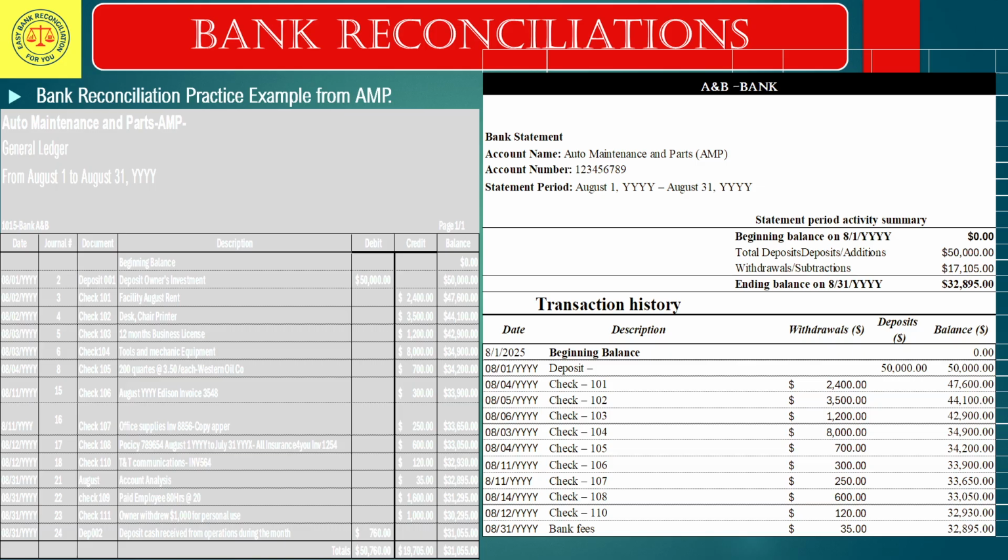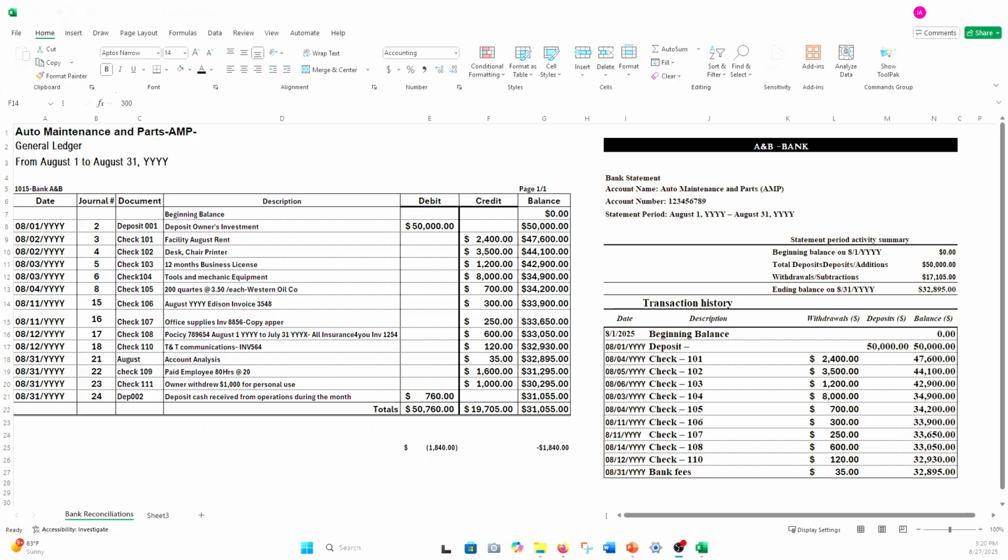But first we have to calculate the discrepancy. To do this, I'm going to move to Excel to do the reconciliation. Okay, here we are.